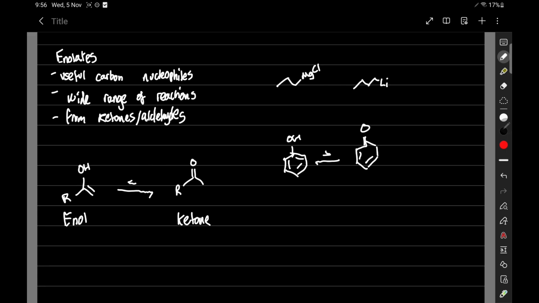And we've broken the aromaticity, which is a nice stabilizing effect. And so we want to keep that aromaticity, so we keep it as the enol form. But usually we have the ketone being dominant.